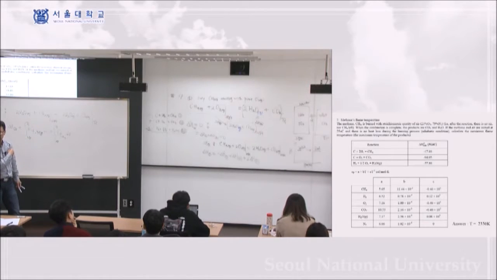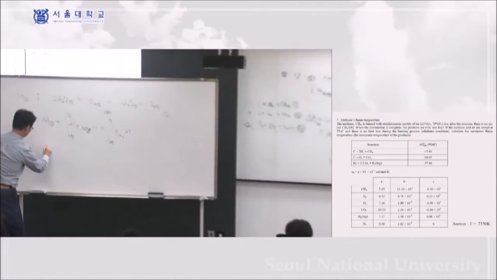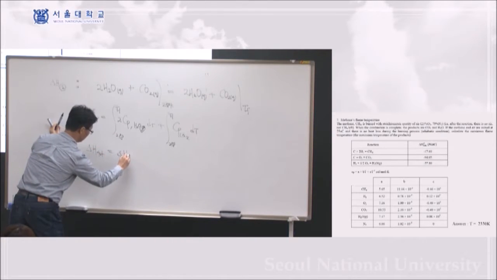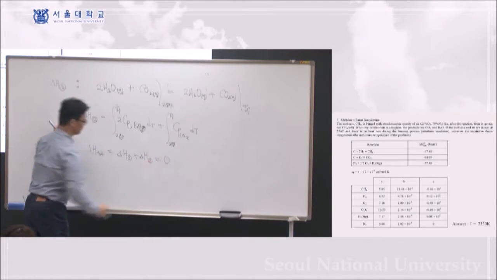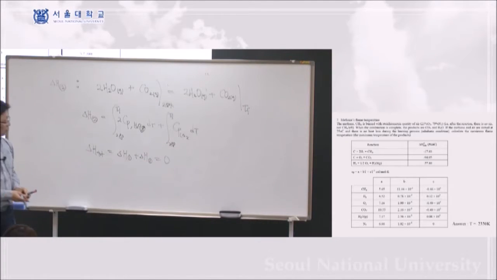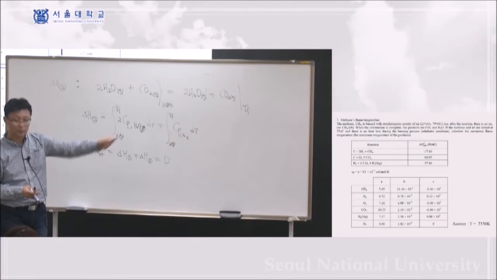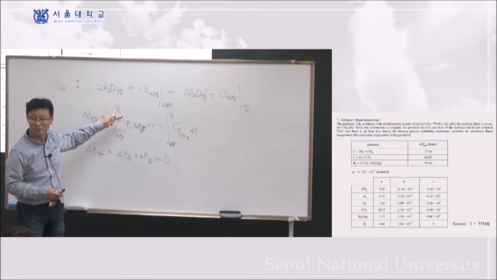Is it okay? So now, from general application, you have delta H total equal to delta H1 plus delta H2. Very good? We know the delta H1 value from the previous calculation. Delta H2 has only one unknown.